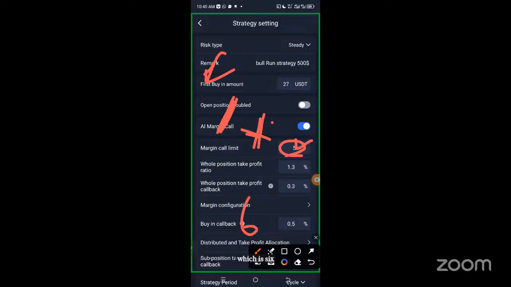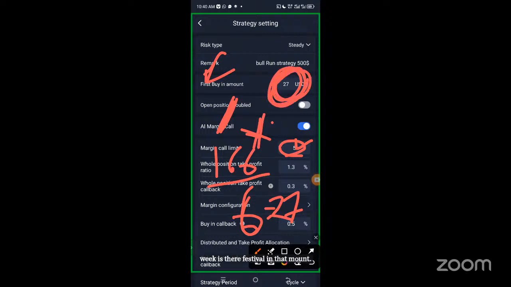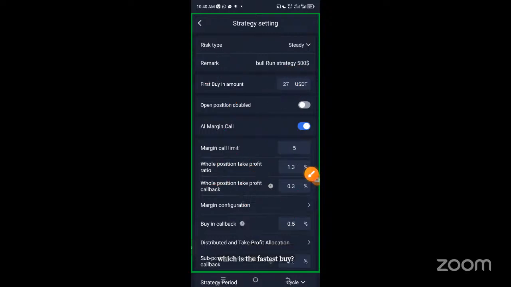And that's why I divided $166 by 6 to give me 27, which is the first buy-in amount.